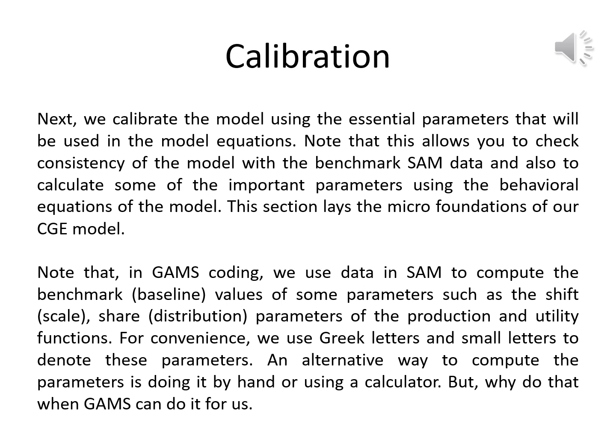But some of them, which we denote in Greek letters and small letters in the equations, especially in these production functions and remember the shift and scale parameters and distribution parameters. So these are obtained by solving those equations for those specific parameters. For example, if you see a parameter alpha in the production function, all you have to do is explain this alpha in terms of everything else in that equation.